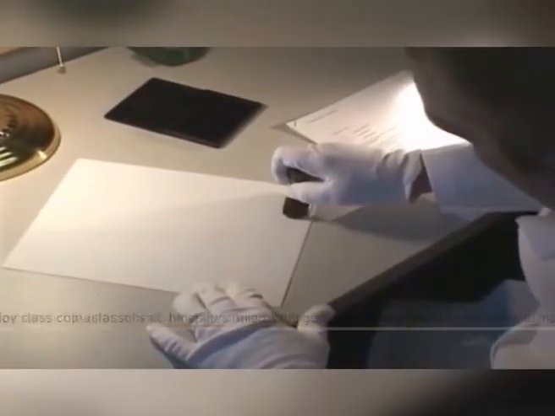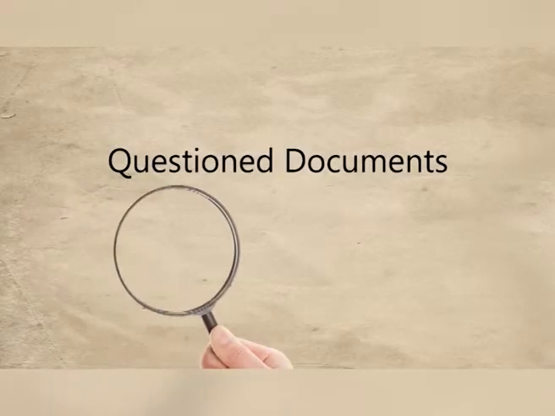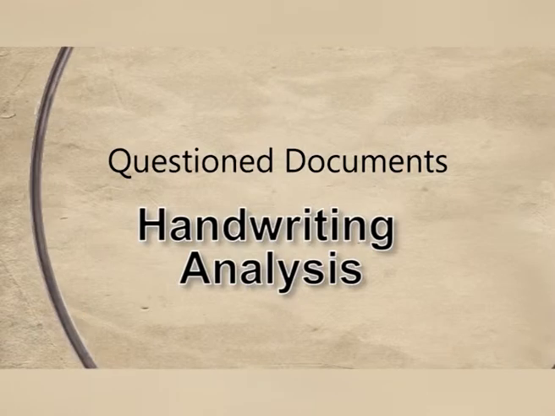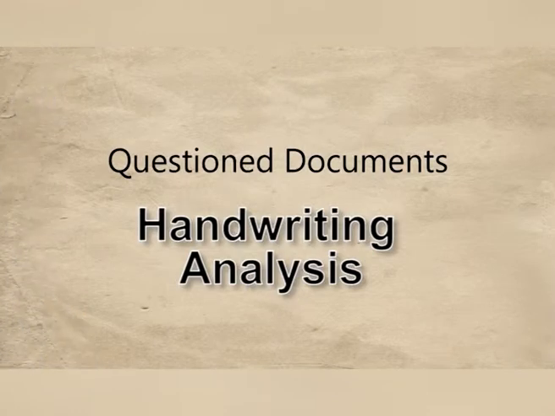Dear students, let us start with today's lecture on disguised writing with a brief discussion on handwriting analysis. Writing can be said to be visual speech, or in other words, the talking paper.